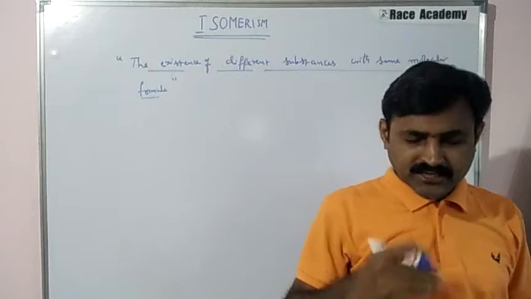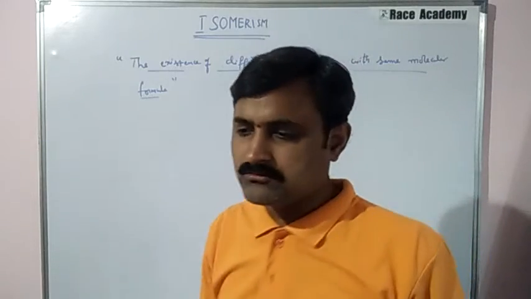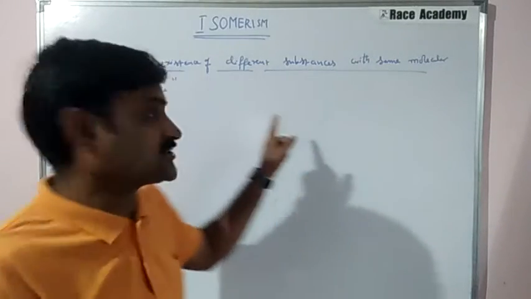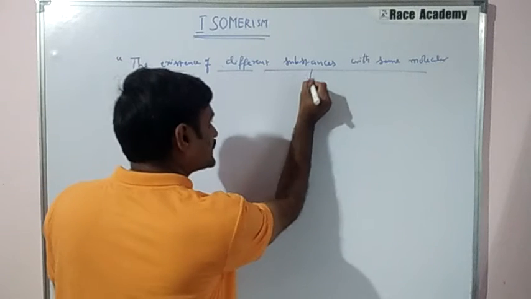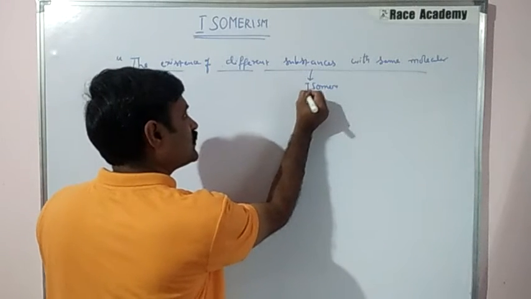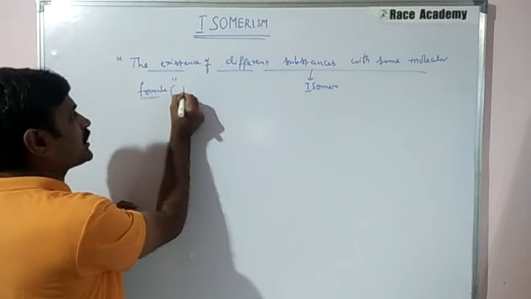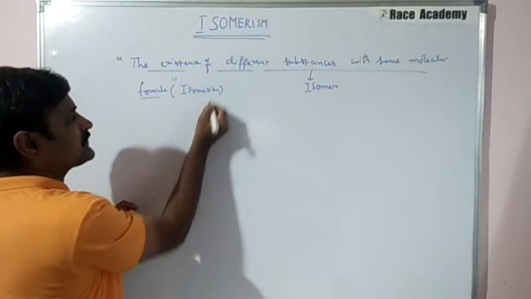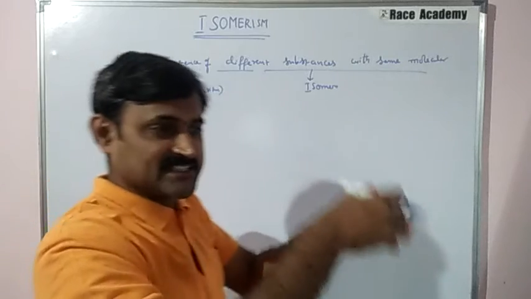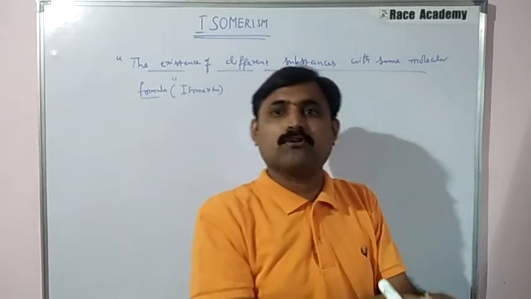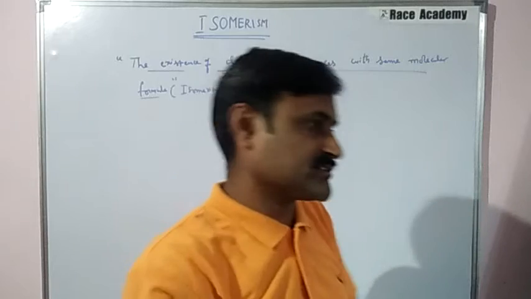Actually, different substances that are said to have the same molecular formula are called isomers. What are isomers? This phenomenon is called isomerism, and the substances existing with the same molecular formula are called isomers.